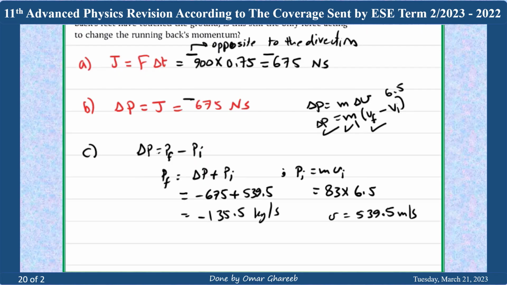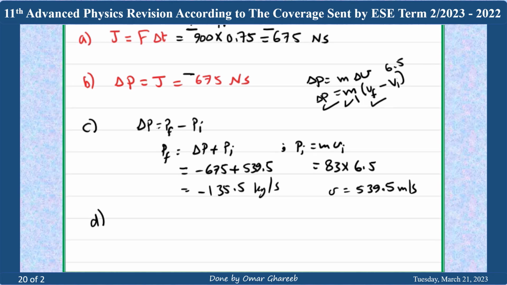For D, we have other forces when he touches the ground, such as friction because he is in motion, and the normal force. So we have friction when he touches the ground, and we have a normal force upward, away from the surface.